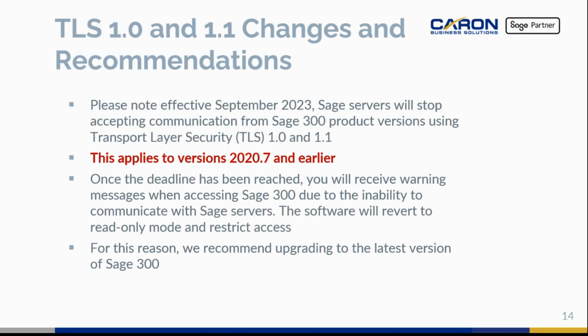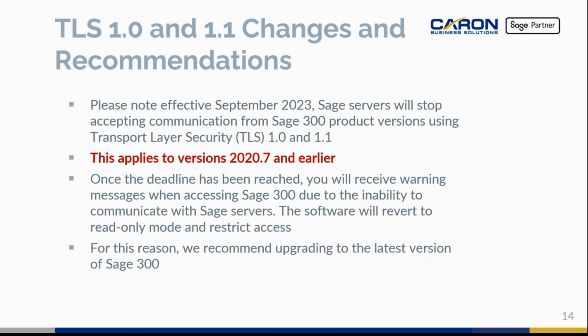And what that means is that TLS 1.0 and 1.1 now only service versions 2020.7 and earlier. 0.7 means product update 7 and earlier. So if you're on version 2018, 2019, as of September 2023, the Sage servers will stop accepting communication from those products.